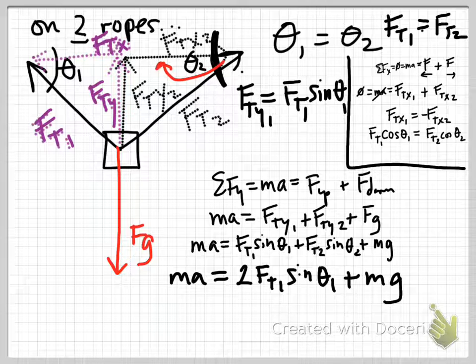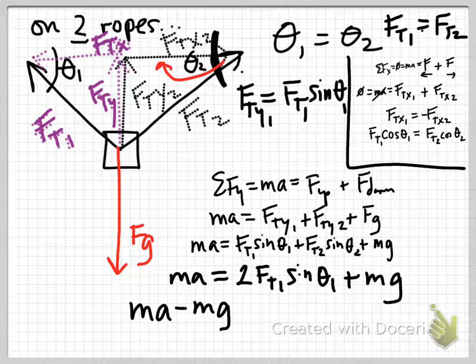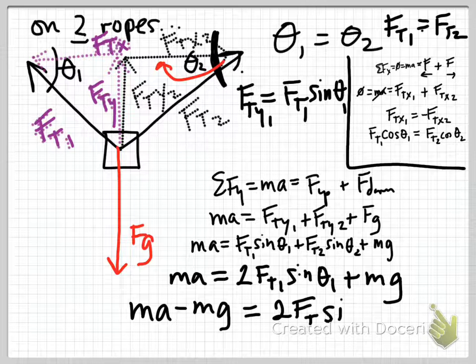So at this point, do we have a clean way to algebraically solve for FT? Yeah, we can cleanly solve for force of tension. We can even do one better. We can do MA minus MG equals 2 FT sine theta.